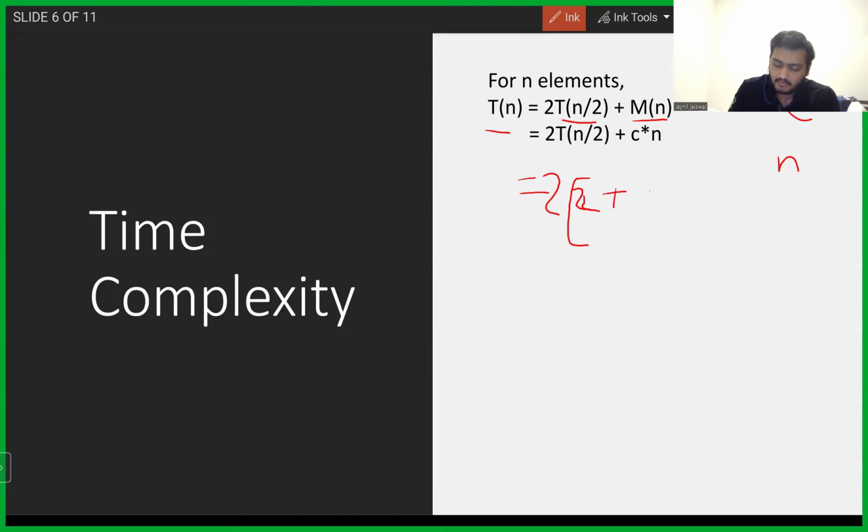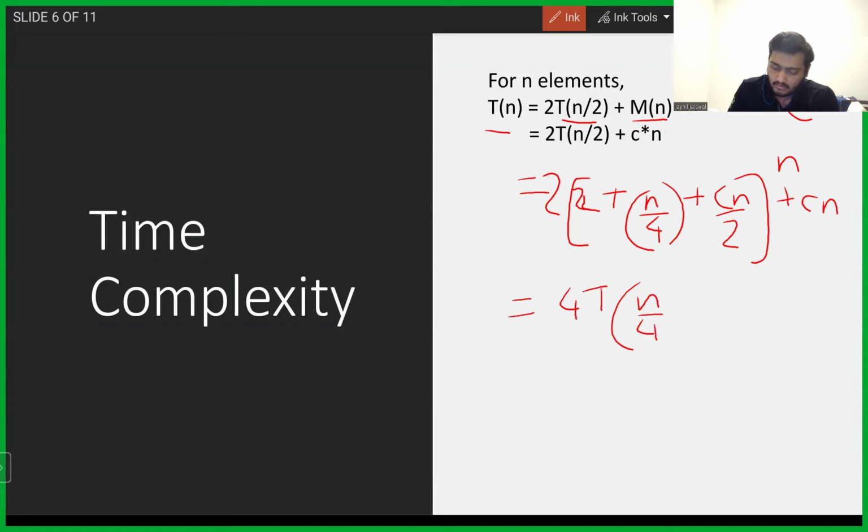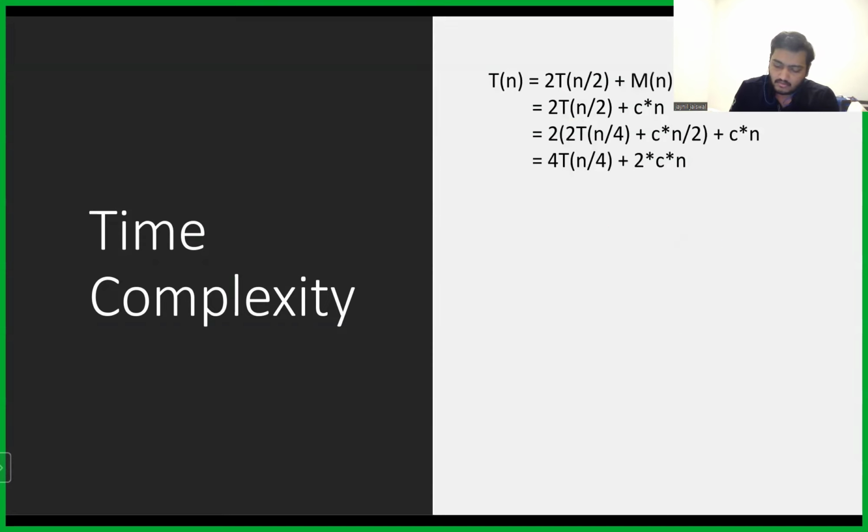We get twice of T of n by 4 plus Cn by 2, plus Cn. This will be 4 times T of n by 4 plus twice of Cn, like this. We can again substitute T of n by 4 in terms of T of n by 8, and doing the calculation, we get the result.